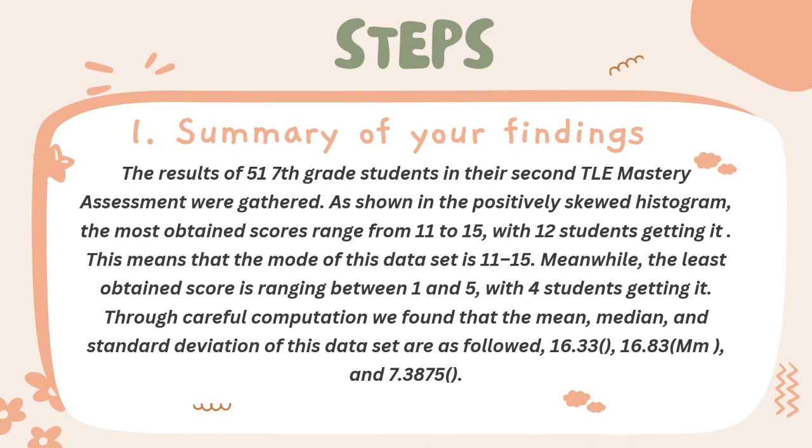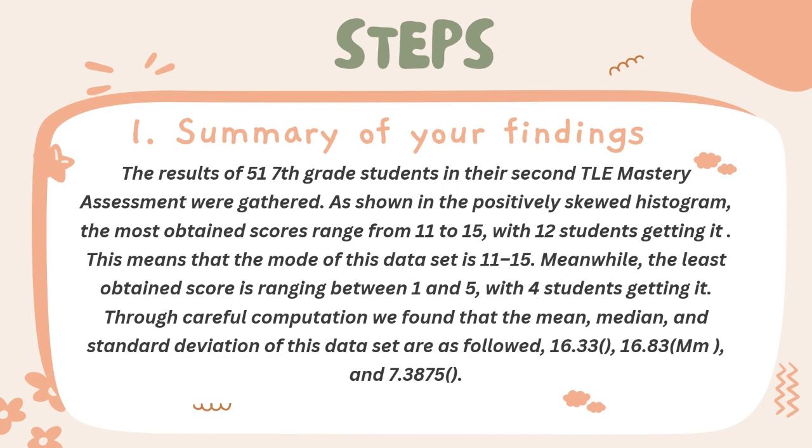To summarize our findings, the results of 51 7th grade students in their second TLE mastery assessment were gathered. As shown in the positively skewed histogram, the most obtained scores range from 11 to 15, with 12 students getting it. This means that the mode of this dataset is 11 to 15.